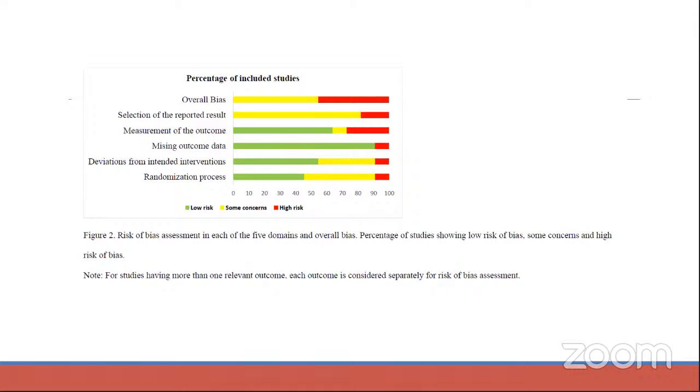You can also give a graphical representation of percentage of studies showing low risk of bias, some concerns, and high risk of bias. Here, green refers to low risk, yellow, some concerns, and red, high risk. And on the top, you can see overall risk of bias. Around 55% of the studies had some concerns, and the remainder had high risk.